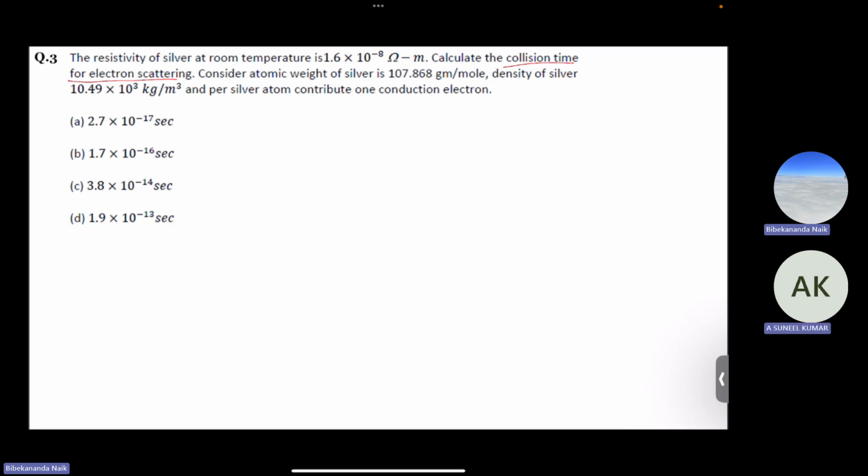Just tell me, here it is given the atomic weight of silver is 107.868 gram per mole. Gram per mole means 1 mole is how many silver atoms? 1 mole means Avogadro's number of silver atoms.